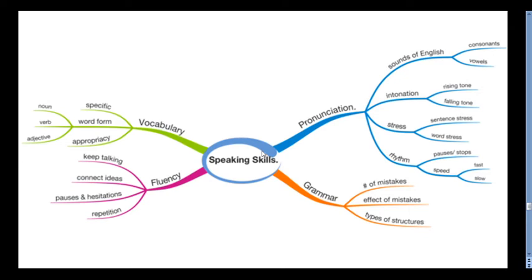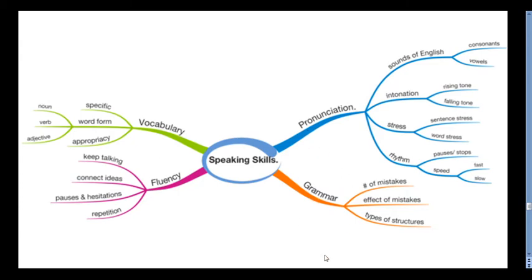So, first of all, this is the mind map of a speaking skill, and in this mind map of a speaking skill, mainly it is categorized into vocabulary, fluency, pronunciation, and grammar.